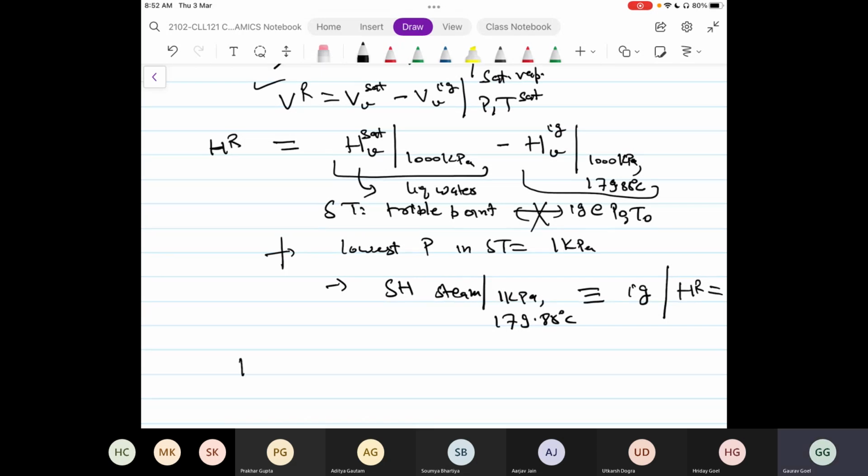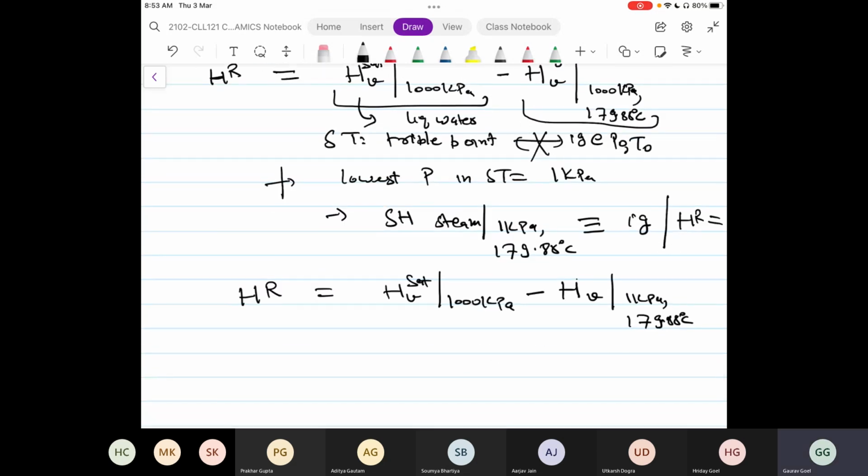I rewrite HR by subtracting the enthalpy of this superheated steam at this new state point, and adding the enthalpy at this new state point.